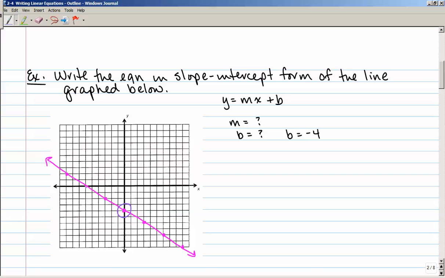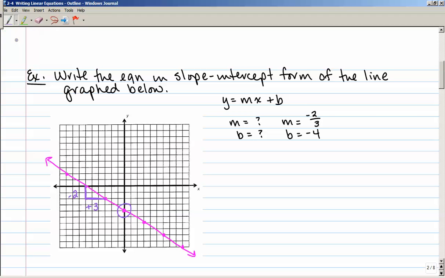From this point to this point, I'm actually going down 2. So my change in y is going to be a -2. And then I need to know how much I go left or right. Since I have to go to the right, that's going to be a positive, and that's going to give me a +3. So my slope is my change in y, which is -2, over my change in x, which is 3.